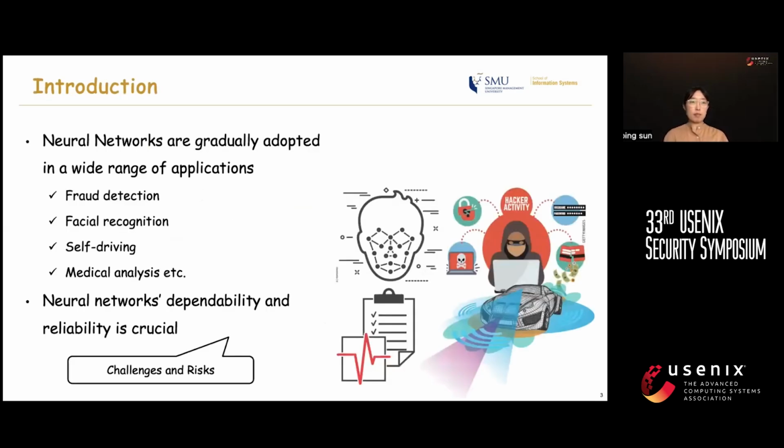In recent years, neural networks are gradually adopted in a wide range of applications, such as fraud detection, facial recognition, self-driving, medical diagnosis, and many others. Hence, neural networks' dependability and reliability is crucial to us.